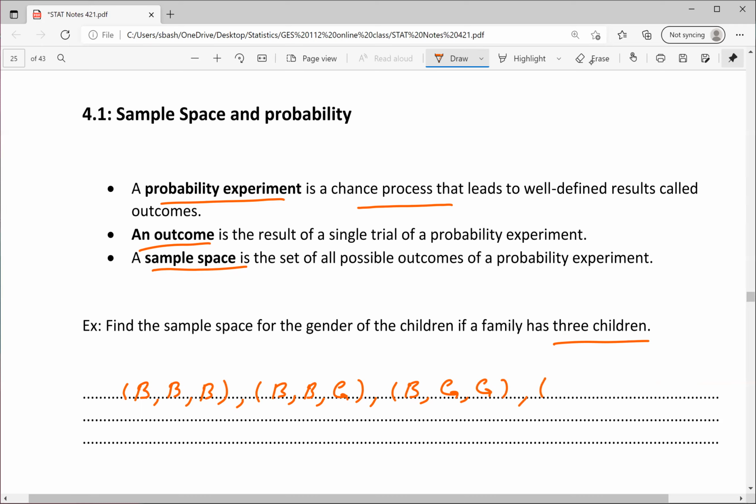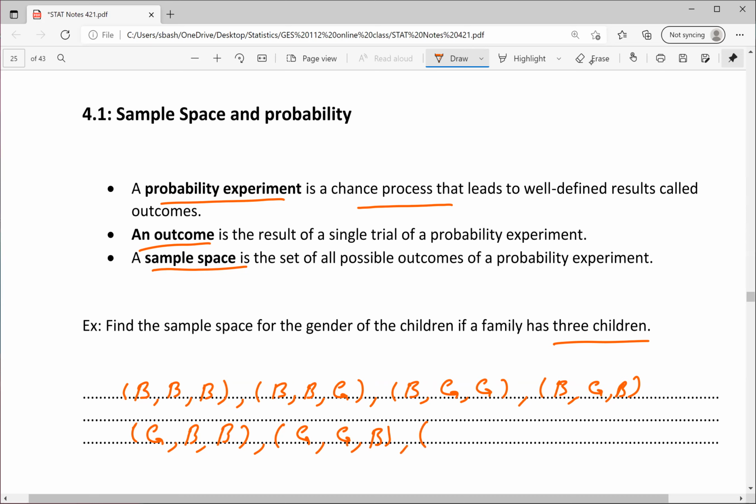Or it might be boy, girl, girl. Or the first one is a boy, the second one is a girl, the third one is a boy. Or the first one is a girl, the second one is a boy, the third one is a boy. Or the first one is a girl, the second one is a girl, the third one is a boy.